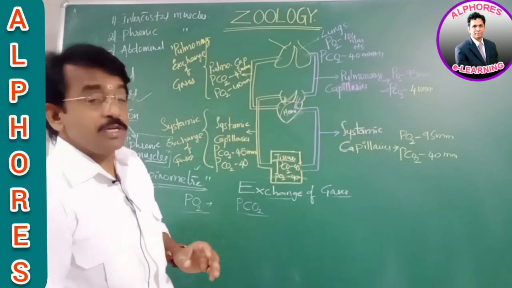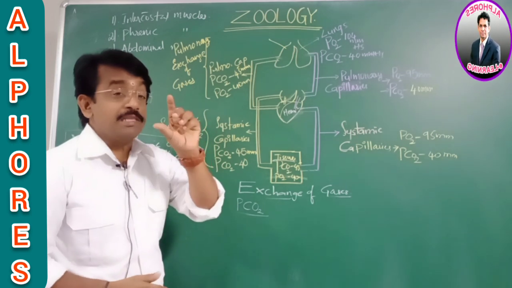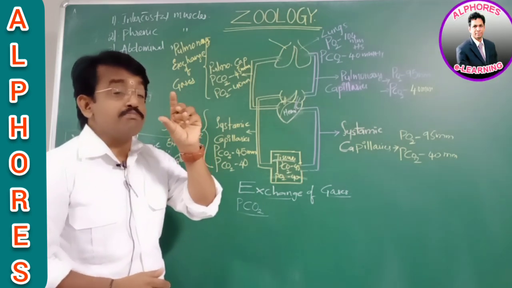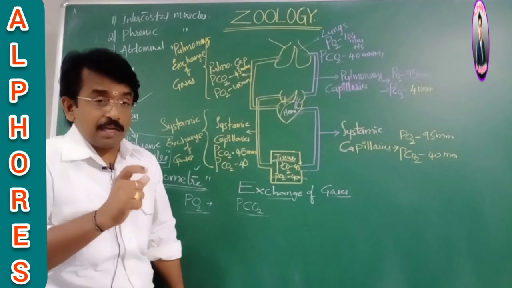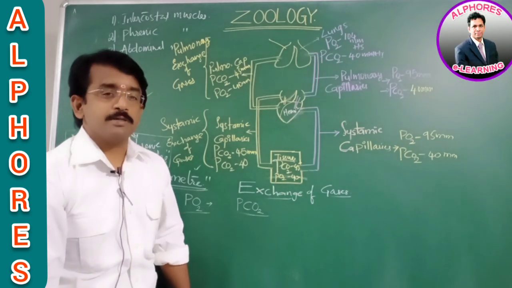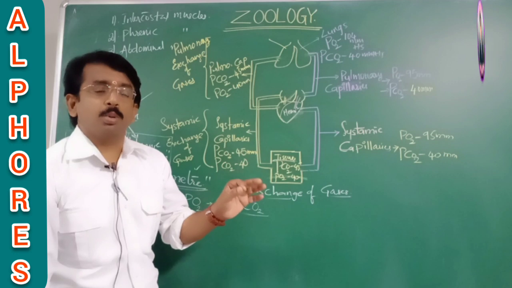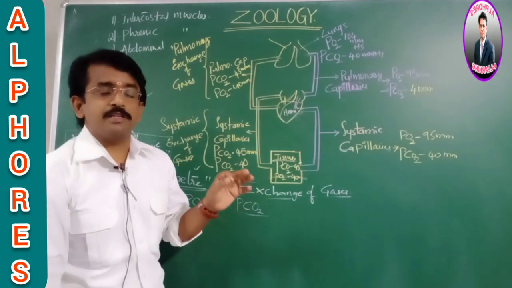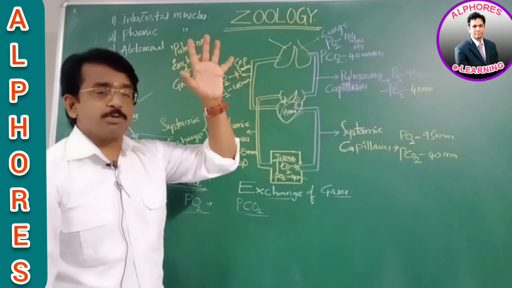The diffusion depends on the respiratory membrane. The thinner the respiratory membrane, the faster the diffusion of gases. The respiratory membrane, which is 0.2 millimeter in thickness, is a combination of the simple squamous epithelium.